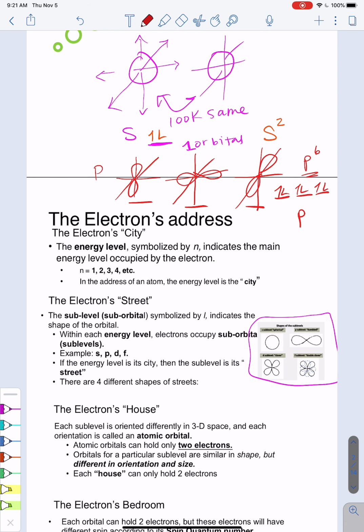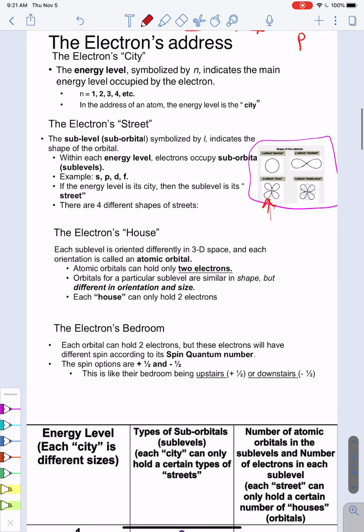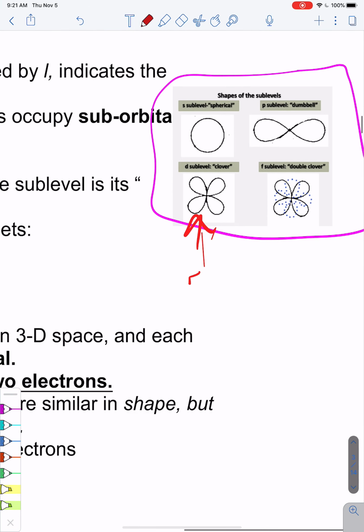The D orbital right here, so I'm right here now. The D orbital, this clover, can be drawn 5 different ways. So there's 1, 2, 3, 4, 5 for the D orbital. So again, 2 electrons in each. There's 10 total in the D orbital.